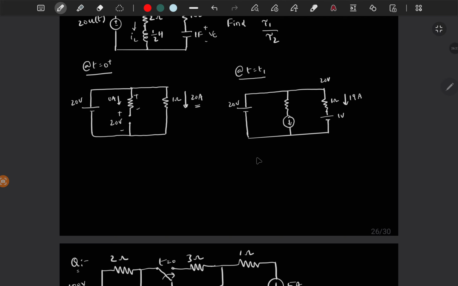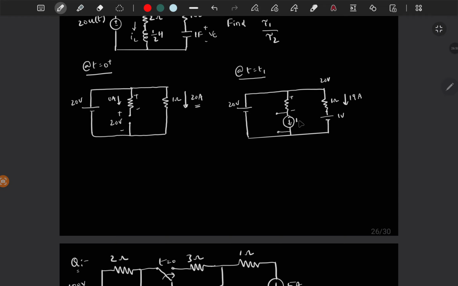So the capacitor will charge like this, and the same concept applies to the inductor current also. So depending on this current, there will be some voltage drop here. So depending on this voltage drop, you will get some voltage across the inductor which will be less compared to the previous one.